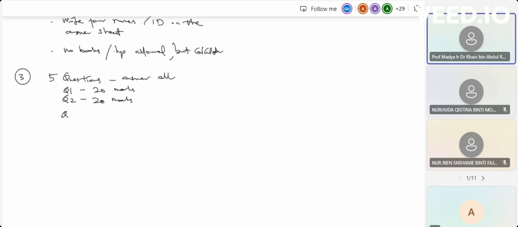The third question, 20 marks. The fourth question, 20 marks. And the fifth question, also 20 marks. Of course, under each question there will be sub questions, so it's all the same.